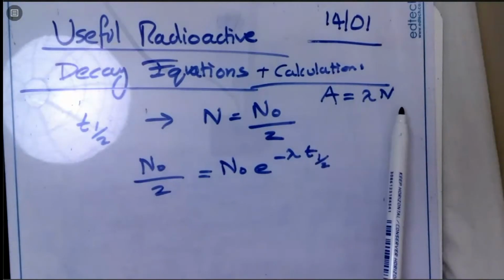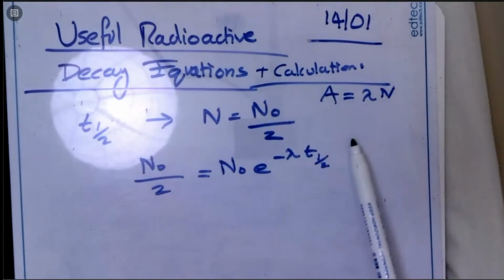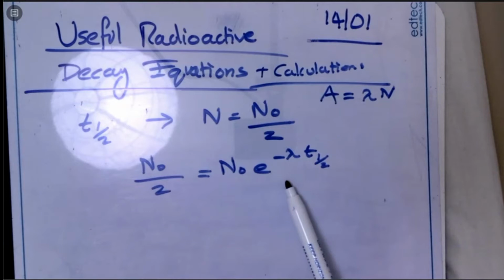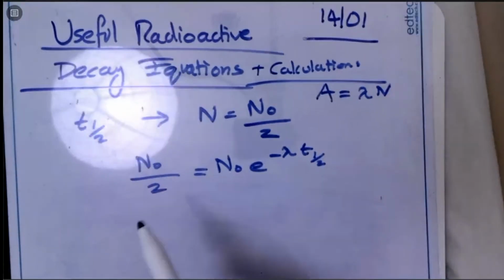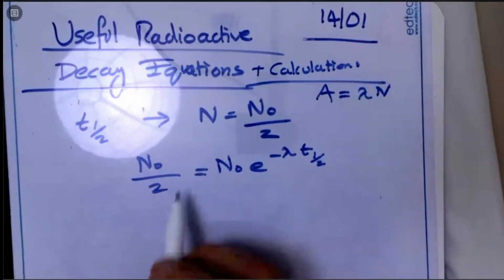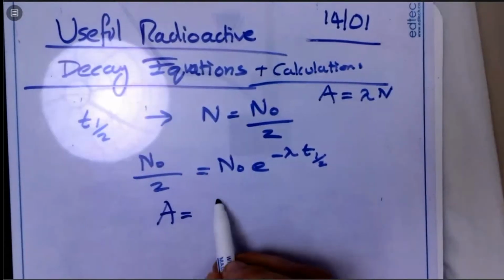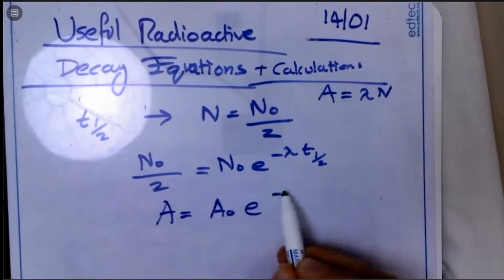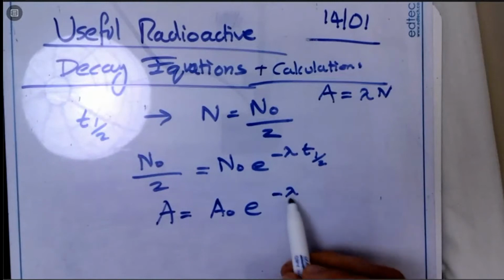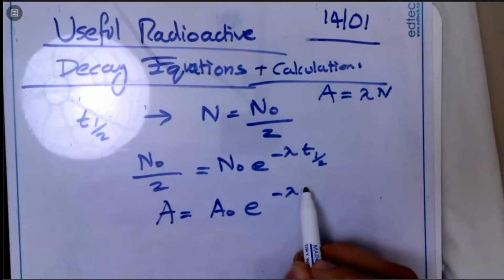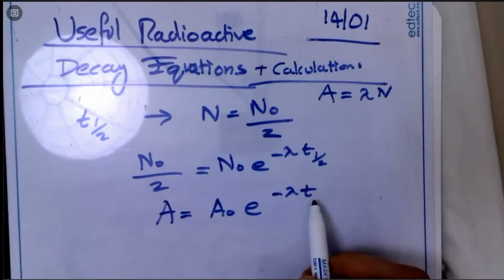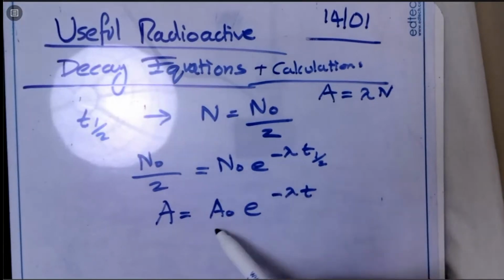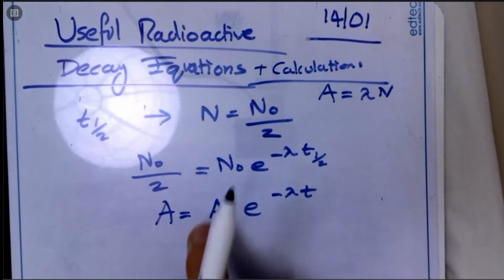So that's what we learned last lesson, and it links nicely to this second equation here, which you have probably seen. We can write A equals A naught e to the power of minus the decay constant times t, where t is the time it has taken since the initial activity was recorded.